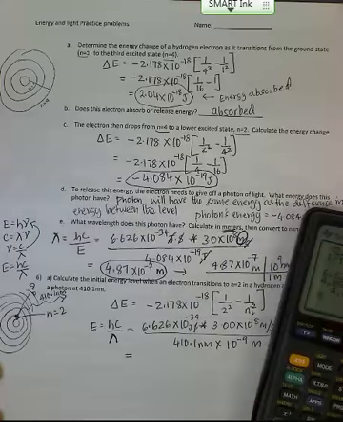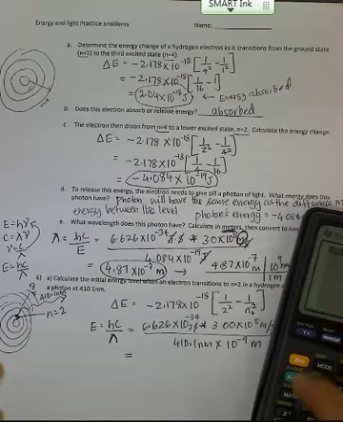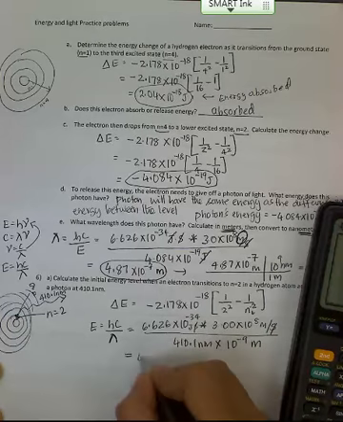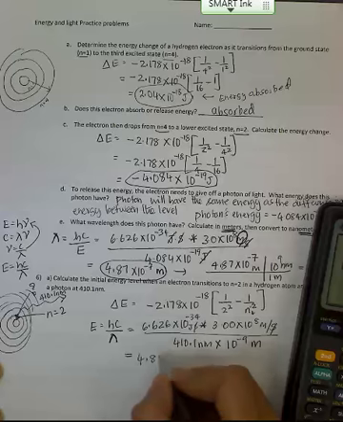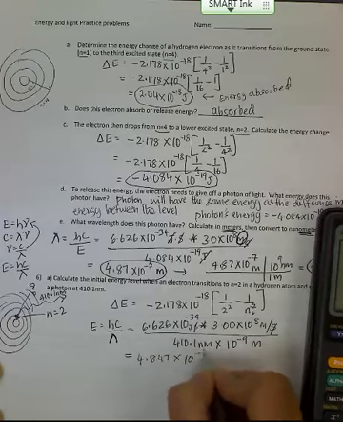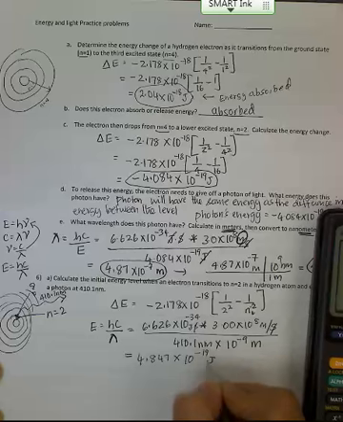So now if I substitute this into my calculator, second EE negative 34 times 3 second EE8 divided by 410.1 second EE negative 9, I get my answer as 4.847 times 10 to the negative 19 joules.